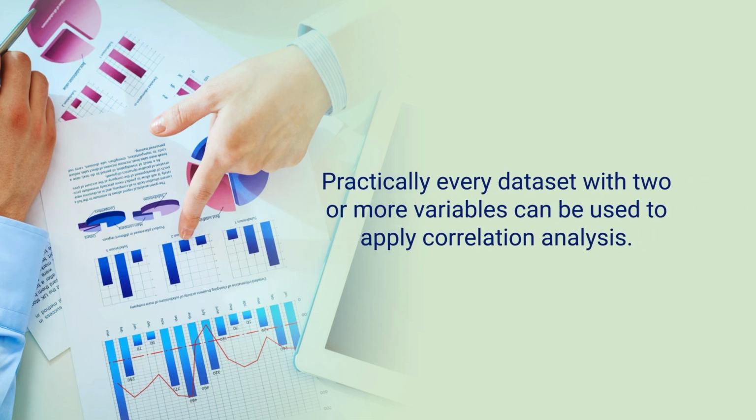Particularly, every data set with two or more variables can be used to apply correlation analysis. However, it is important to use a cautious approach while looking for misleading or absurd correlations that may occur by chance between totally unrelated variables.